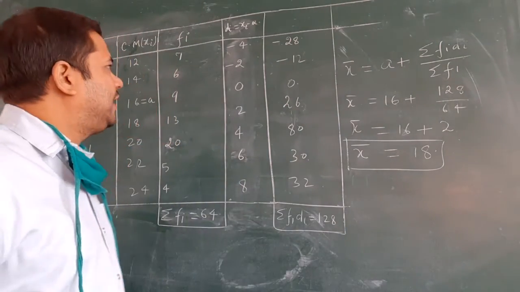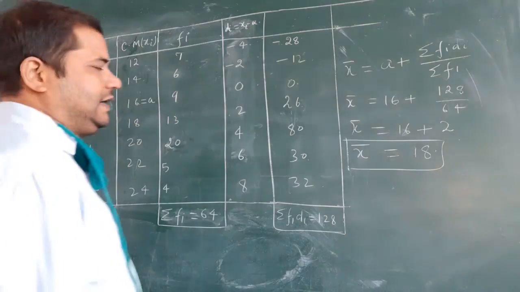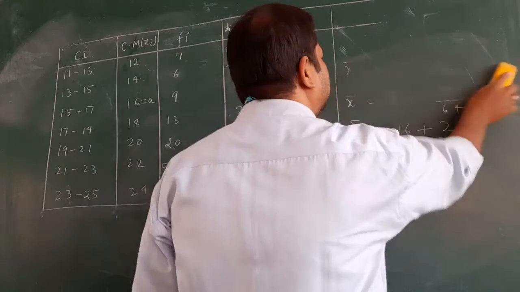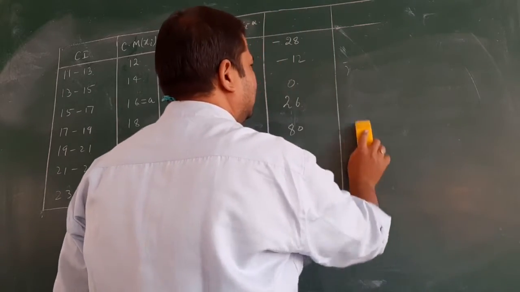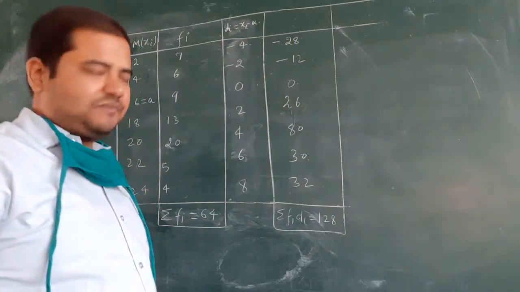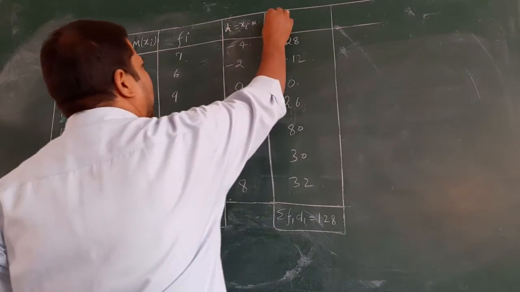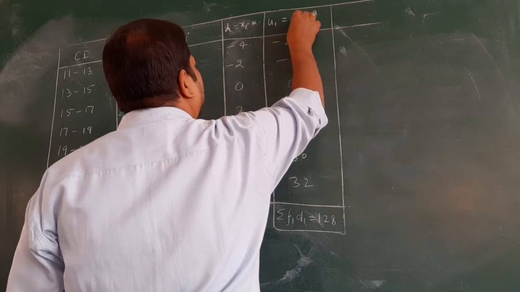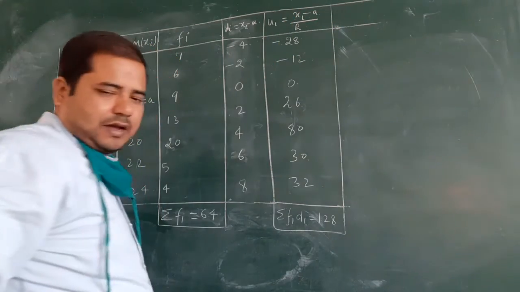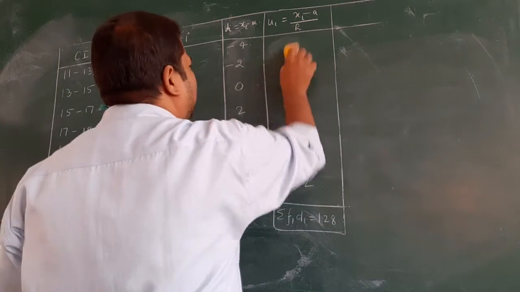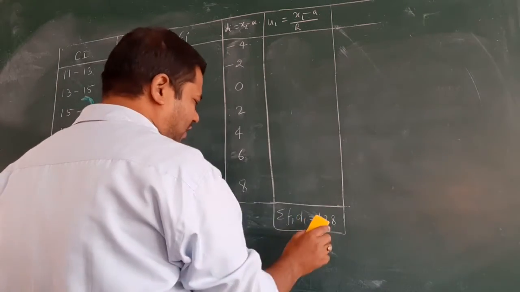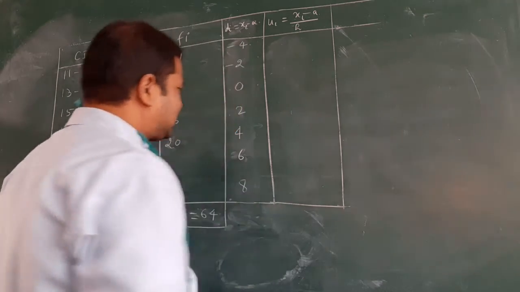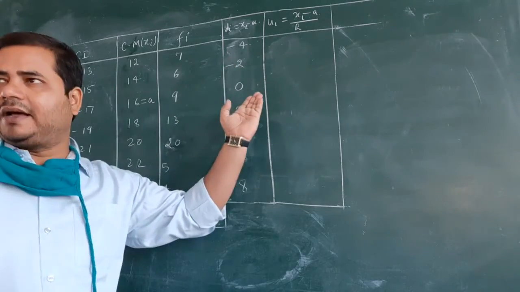Now the same question we can solve by the step deviation method. In the step deviation method we need one more table: ui is nothing but xi minus a upon h. We already have xi minus a.